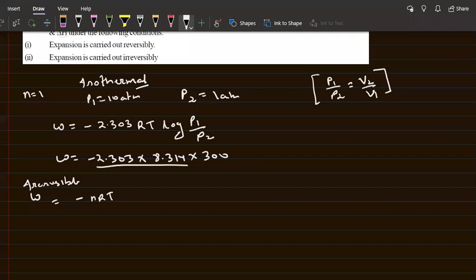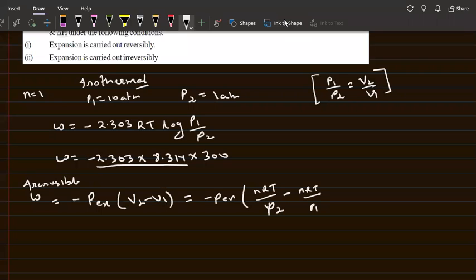For an irreversible process the pressure will change very fast. So I have the formula as P external into V2 minus V1, yes or no? So this can be written as minus P external into nRT by P2 minus nRT by P1.